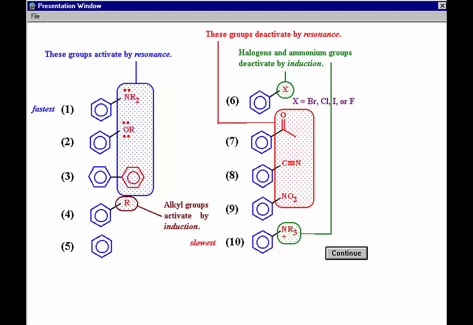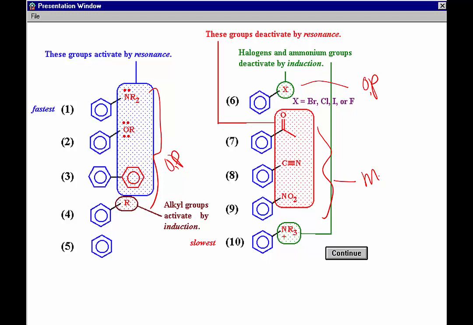Most of the slides here are what I did in class, because I just decided to go through them in class as opposed to put these up, because then nobody would have taken notes or anything. So these are all ortho-para directors, halogens are ortho-para directors, and then all the deactivating groups direct meta.